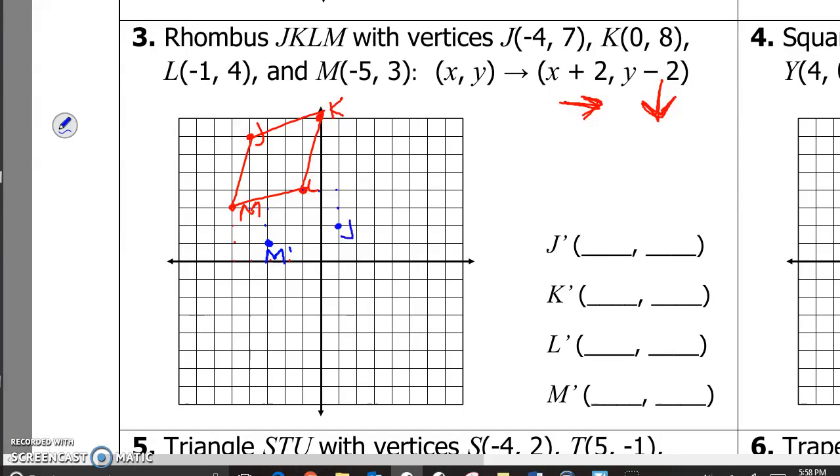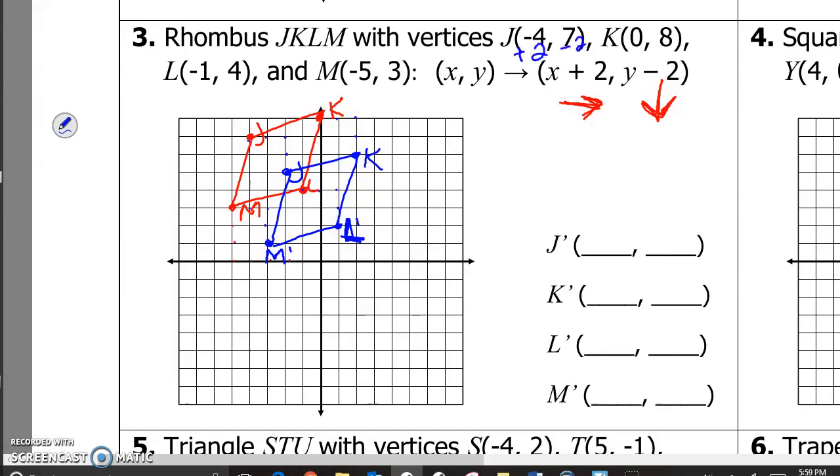That's point J. There's point K. And that's L. So our new figure, they kind of overlap, and that's okay. Not a big deal. Okay, and we can go back and add our points.